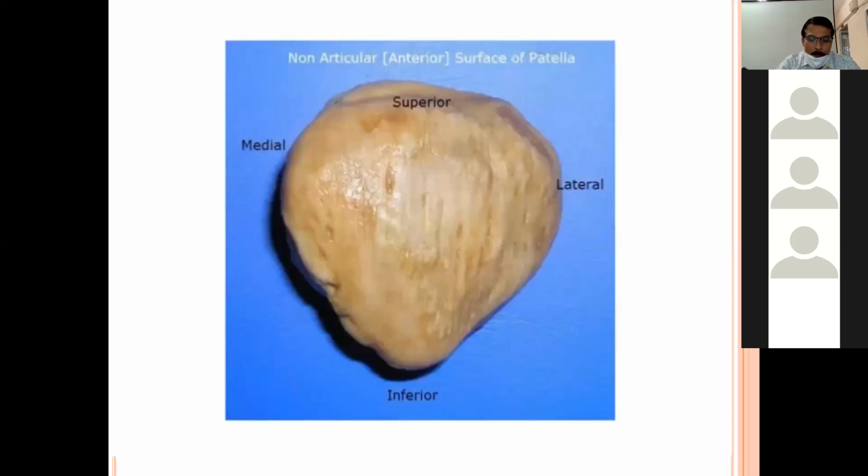So this is the shape of the patella, where this is your superior part, this is lateral, this is medial, and this is your inferior part. This is the apex.